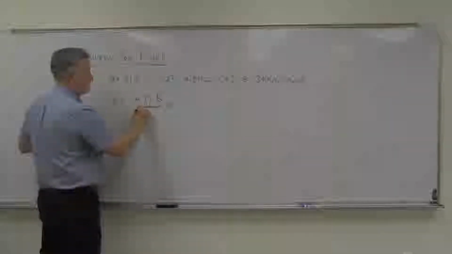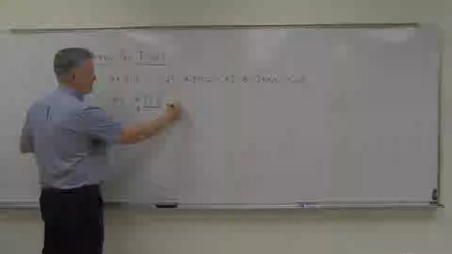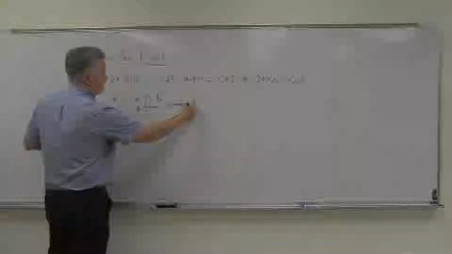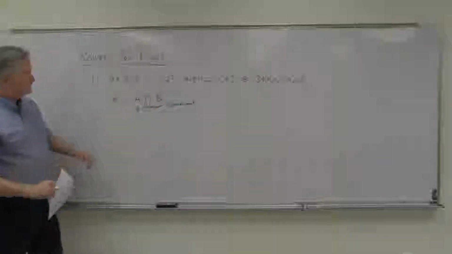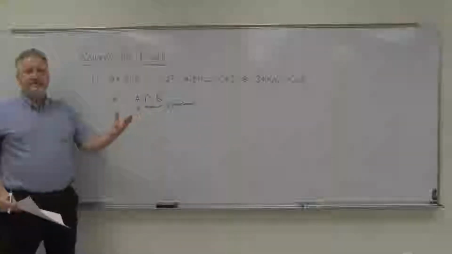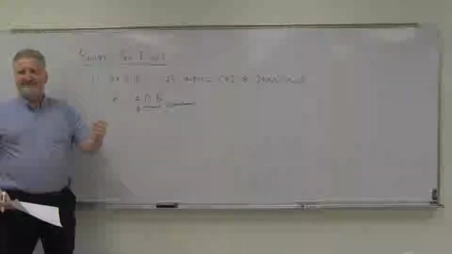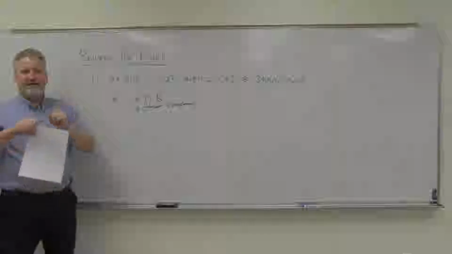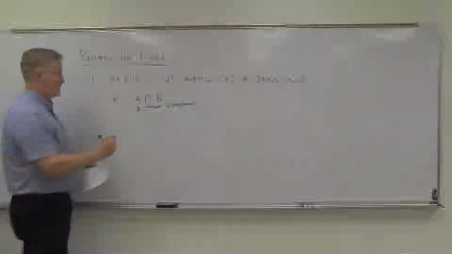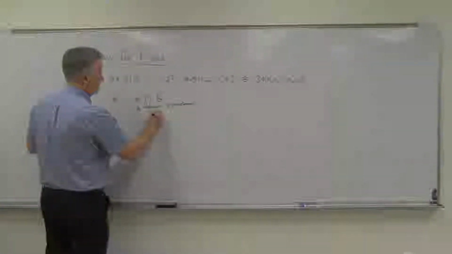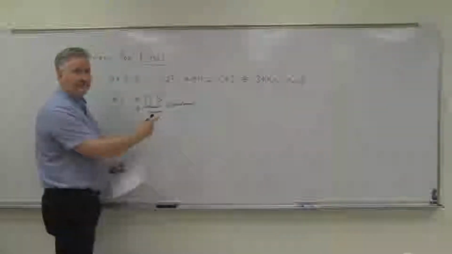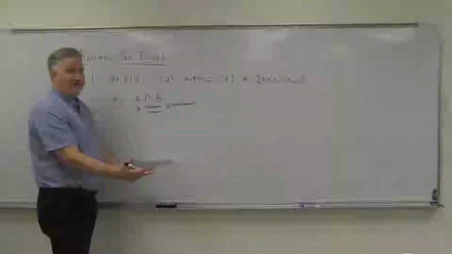B, complement? Yeah. Oh, the complement. All right, so what does that mean? Well, intersection, what was intersection? Where they have in common. And then B complement, what does that mean? What's not in B?